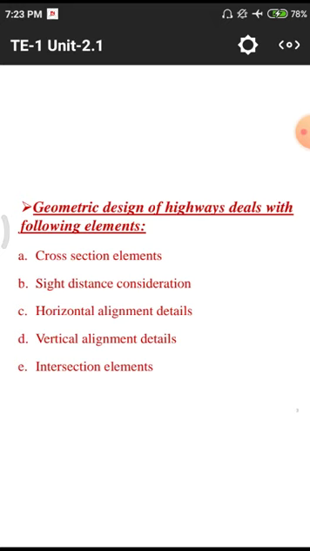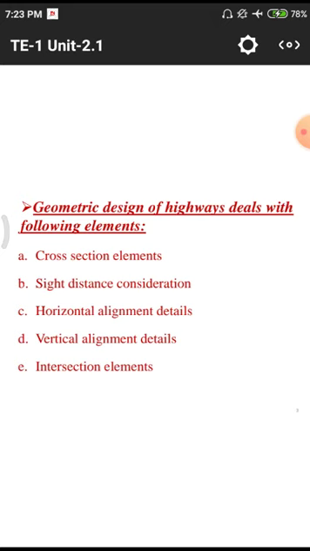Next one, intersection elements. Intersection means roads are merging. That means in cross sections roads are dividing from one to another, but in the case of intersections the roads are merging. That means from a village to a highway we are merging different kinds of roads.